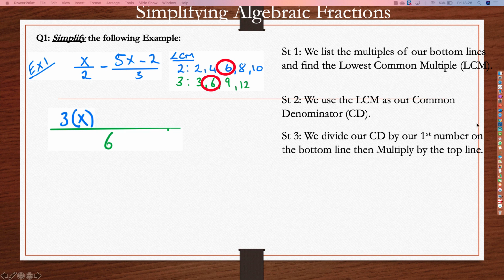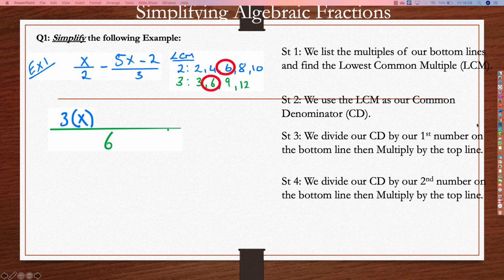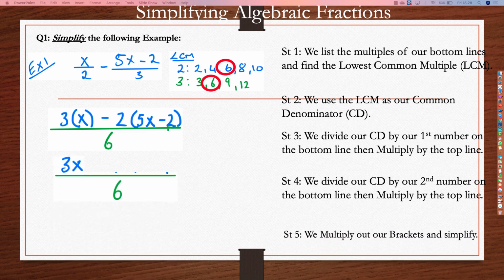Bring down your minus. 3 goes into 6 2 times by our top, which is 5x minus 2. 3 times x is 3x, minus 2 times 5x is minus 10x, minus 2 times 2 is plus 4. Simplify it: minus 7x plus 4 over 6. That alright? Right. First hour done, lads, wasn't too bad.